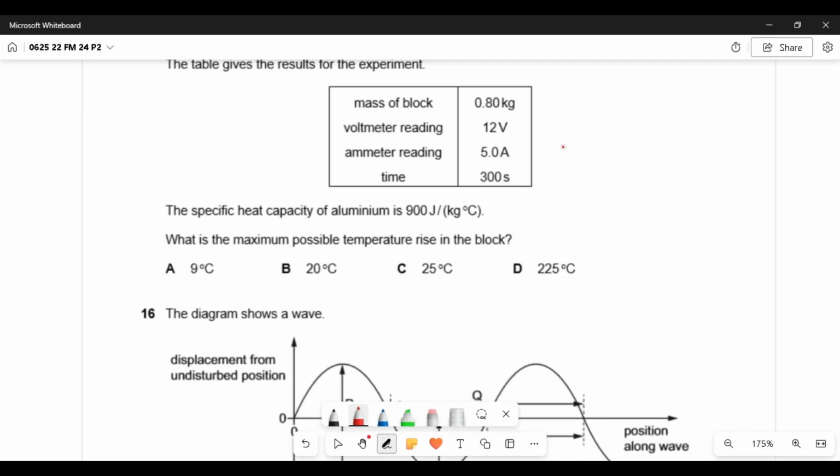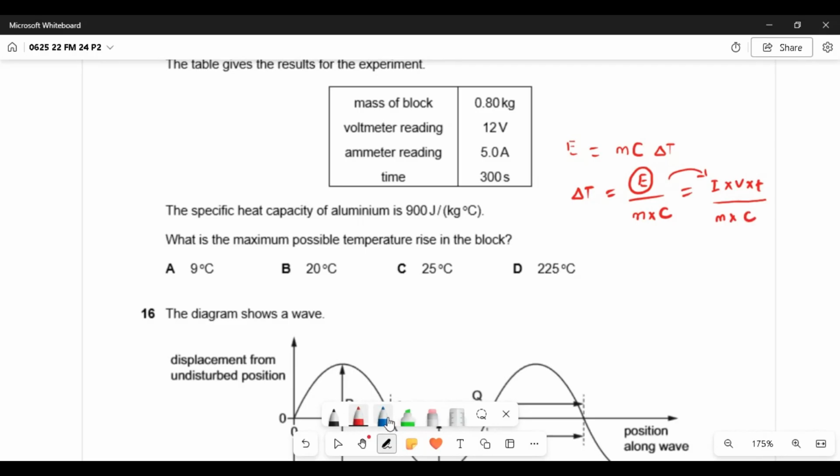We know that heat energy is equal to mass times specific heat times change in temperature, or increase in temperature. So the increase in temperature here is energy divided by mass times specific heat. But thermal energy, we know, is always equal to current times voltage times the time, over mass times the specific heat.